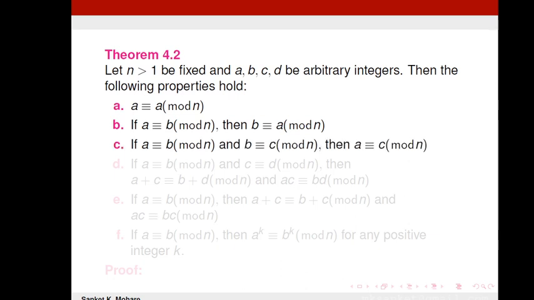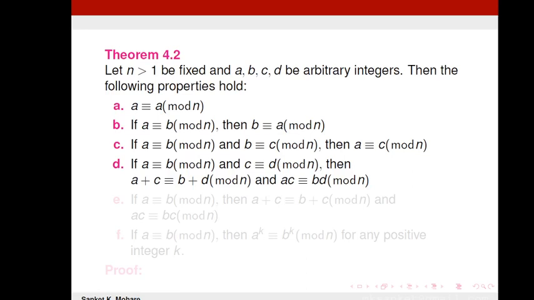Third property, if a is congruent to b modulo n and b is congruent to c modulo n, then a is congruent to c modulo n. Fourth property, if a is congruent to b modulo n and c is congruent to d modulo n, then a plus c is congruent to b plus d modulo n, and ac is congruent to bd modulo n.